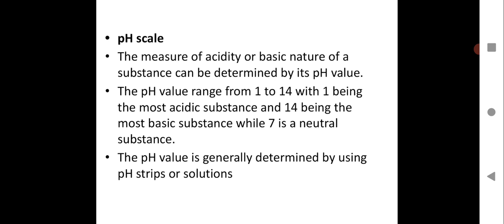So pH paper will contain universal indicators which will not only help to detect the presence of acid or a base, it will also help us to compare the strength of the acid and the base, because it will have values from 1 to 14, and the corresponding color will help us to know the strength, and also the value of the pH will help us to know the strength. So please do write all this in your notebook, children.